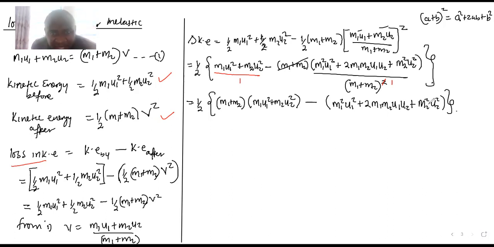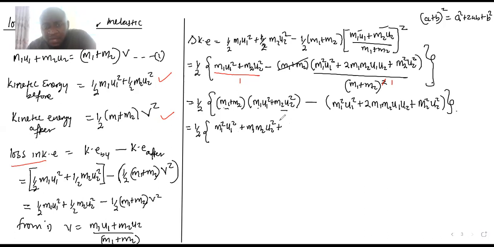So can we open these two small brackets? Eyes open. There's also a challenge there. When you open these two small brackets, open biggest curved brackets, M1 times M1, we realize M1 squared U1 squared. M1 times M2, we shall realize M1 M2 U2 squared, plus. That is M1 multiplying. Can we now use M2 as well?